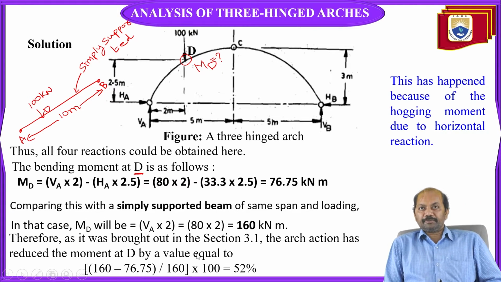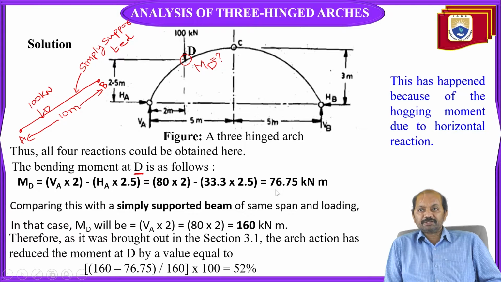Comparing this MD with a simply supported beam of the same span and loading, in the case of the simply supported beam, MD will be VA into 2, equal to 80 into 2, equal to 160 kilonewton meter.